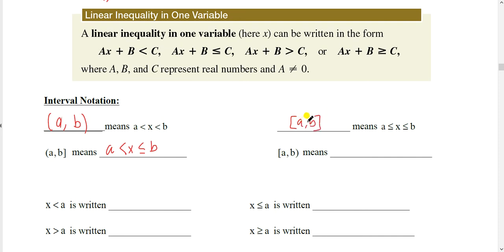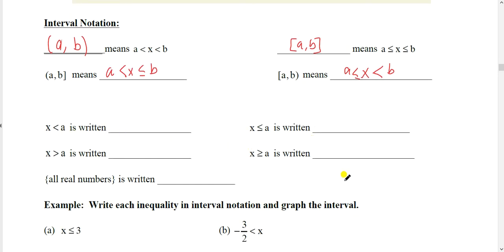So x is between a and b, and we also include a and include b for the two endpoints. The same thing for the last case here, we have x bigger than or equal to a, but then only less than b because we don't have the bracket here, so we don't include the equal sign in this case.